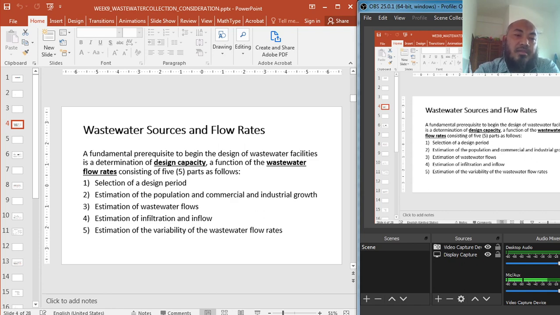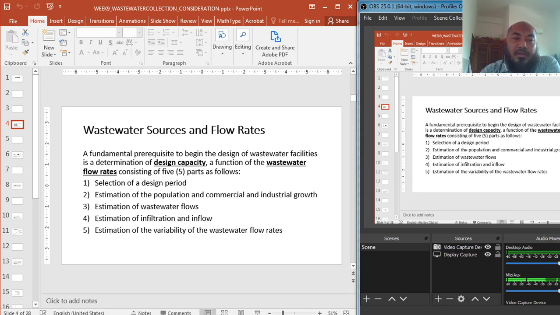So that's why we base it on the future demand target, for example a 20-year or 50-year target, and we plan based on that. Number three is estimation of wastewater flow. After we calculate the population growth and commercial and industrial growth, we can estimate the wastewater flow based on the formula.